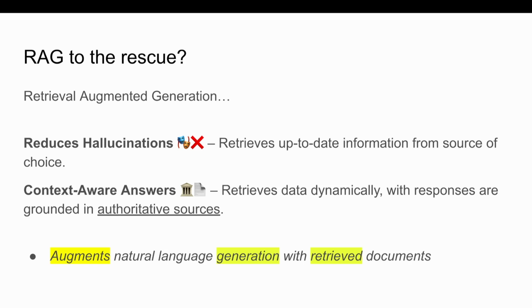And we're able to feed that information into those models and retrieve answers using the power of the models to generate natural language responses from that data dynamically. So it augments these models, the generation models, with documents that we can give to it.